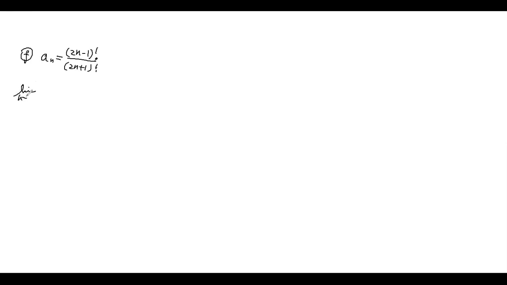So let's see here. I'm still finding the limit as n approaches infinity of a_n, right? So that means the limit as n approaches infinity of (2n minus 1) factorial over (2n plus 1) factorial, right?